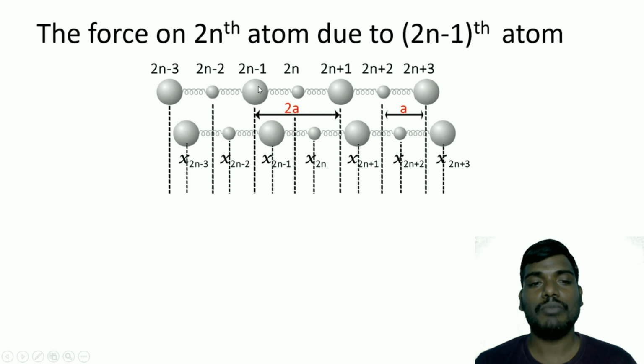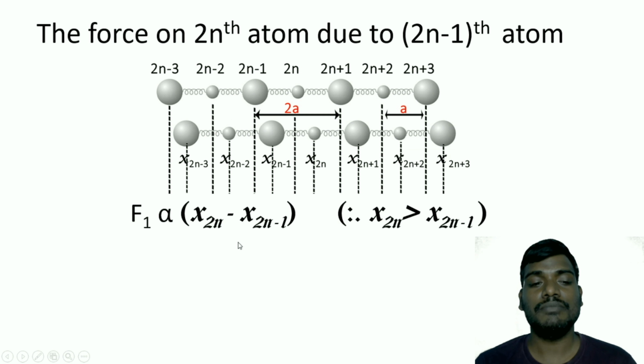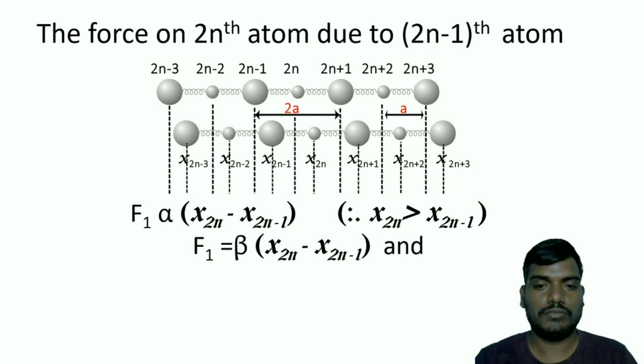The force exerted by the 2n minus 1 atom on the 2nth atom is F1, equal to beta into x2n minus x2n minus 1, because x2n is greater than x2n minus 1.